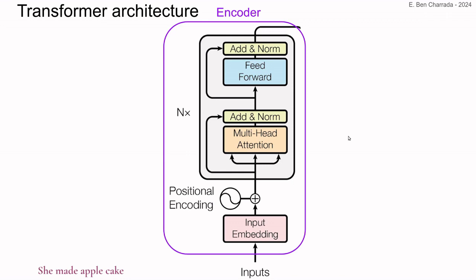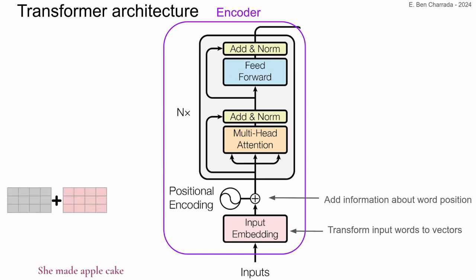Okay, so now let's look a bit into a small example of how the encoder will work. Let's assume I have this sentence: "she made apple cake", and this is my input. The first step in the encoder is that it transforms my input into vectors, because I need to transform words into numbers so that I can apply mathematical operations on them.